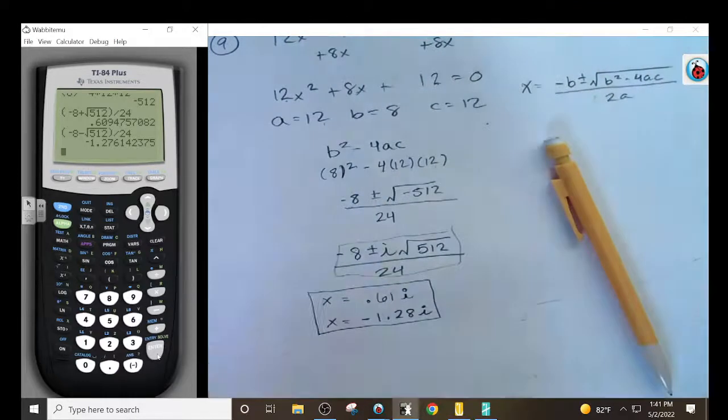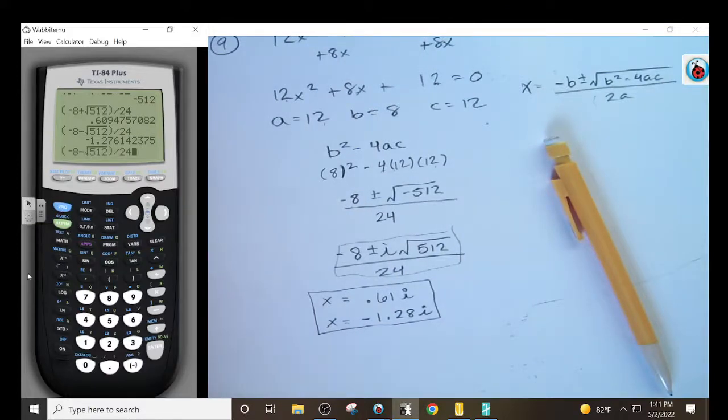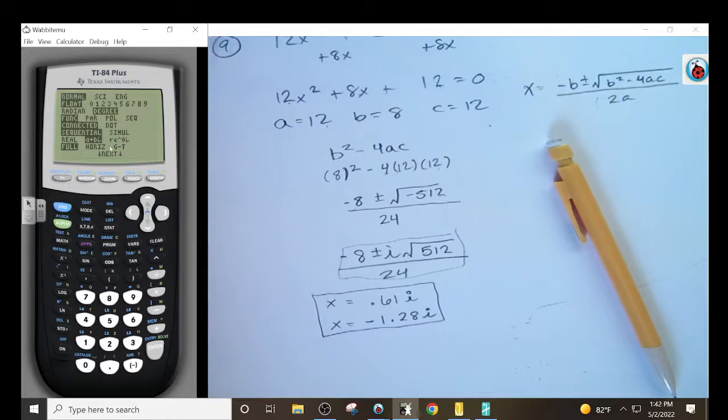Now, guys, you don't have to, but if you go to mode, mine's already in a plus bi at the bottom. It says real, a plus bi, and then r e to the theta i, which you won't ever use.